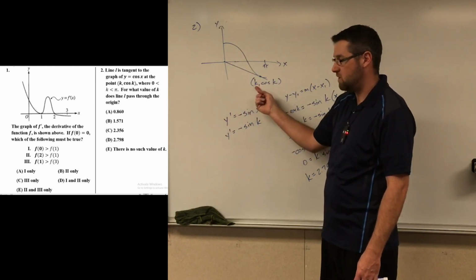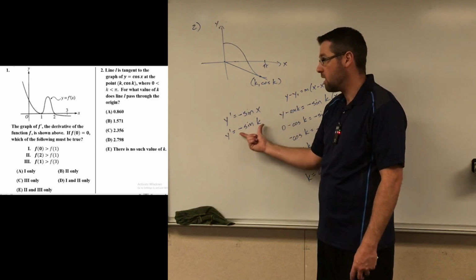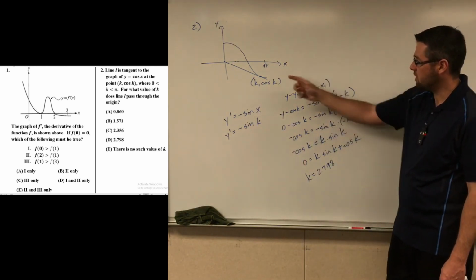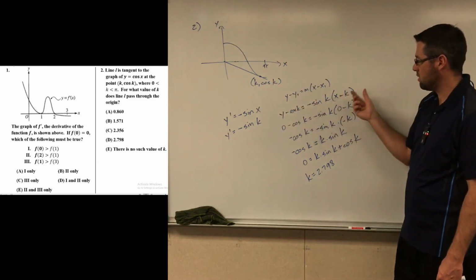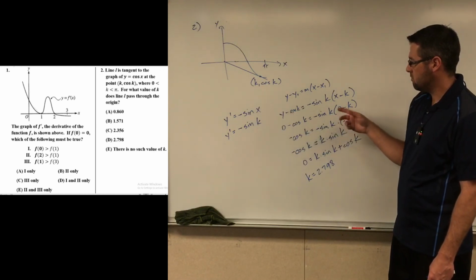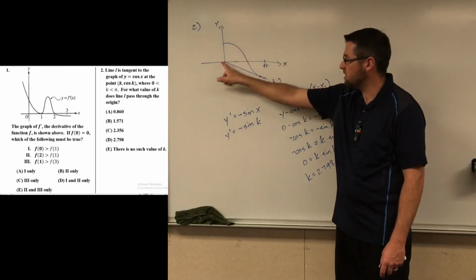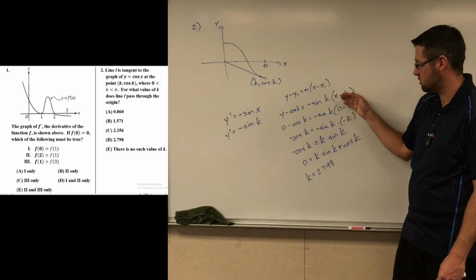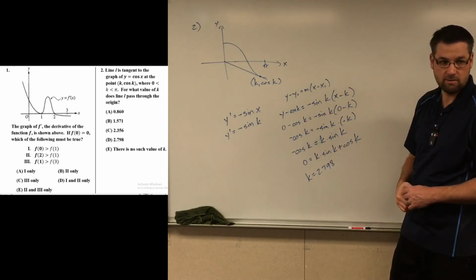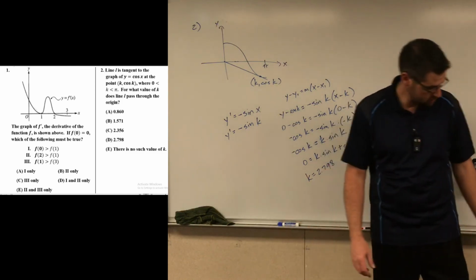I plugged in my point of tangency, so that is my slope at k. So I plug that into m, and then I plug in my point to create the linear equation. So this is my linear equation, and now I know another coordinate because it passes through the origin, which is 0, 0. So I just plug that in and then solve from there. You okay with that now? That's an interesting one, huh?